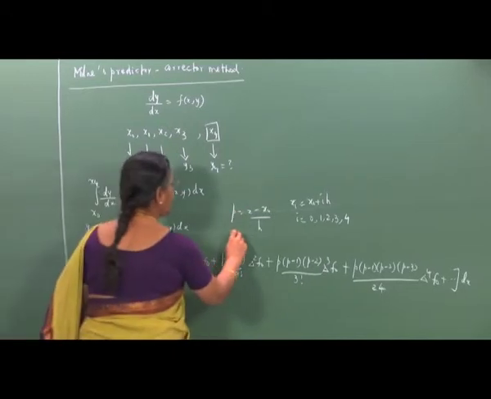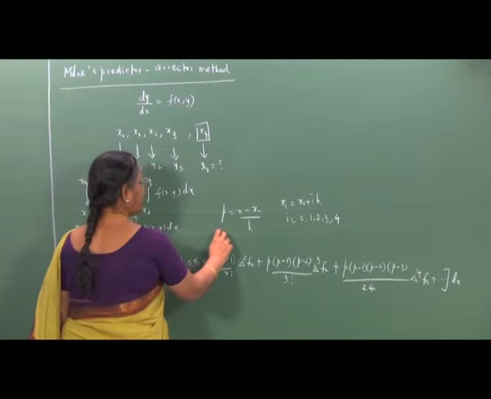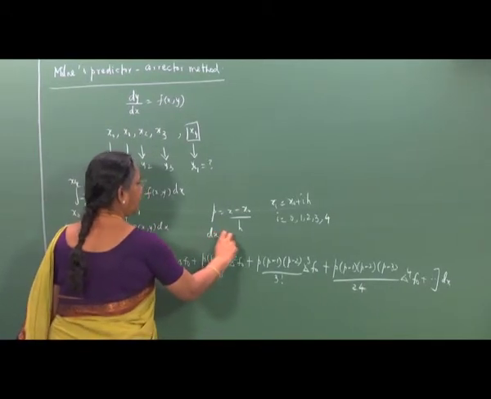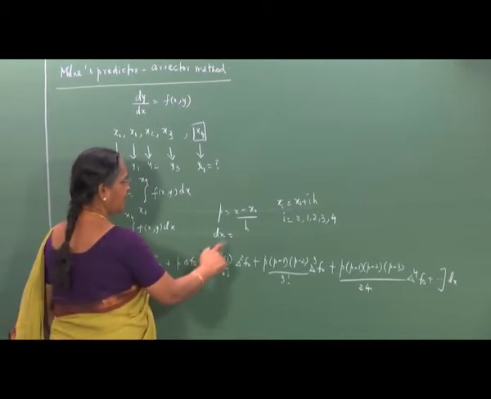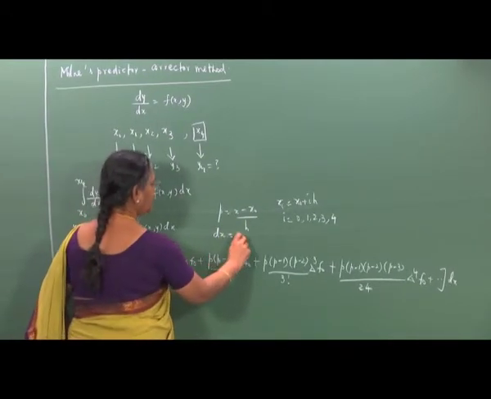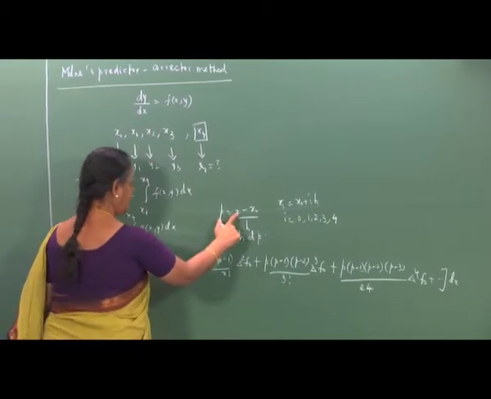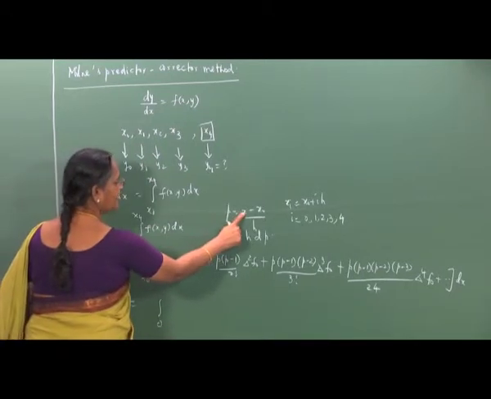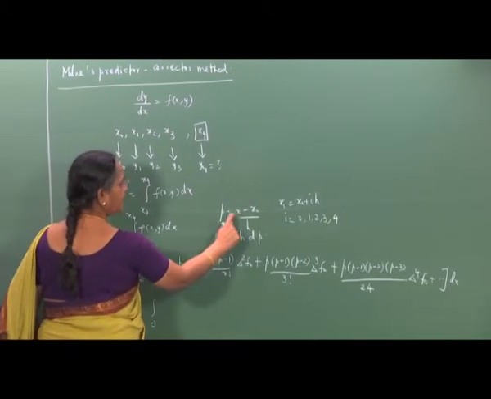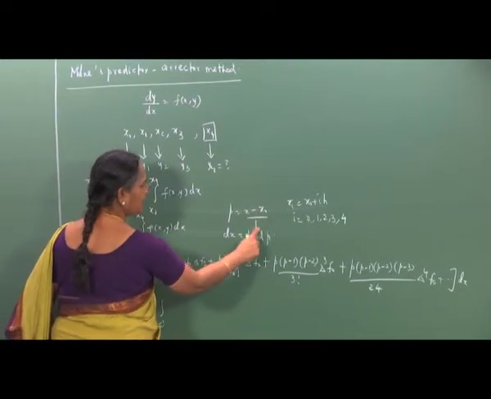So, we now make use of this information and change the limits of integration from x0 to x4 accordingly. So, dx will be h into dp, and when x is equal to x0, p is 0, and when x is equal to x4, p is x4 minus x0 by h. So, it is 4h by h.